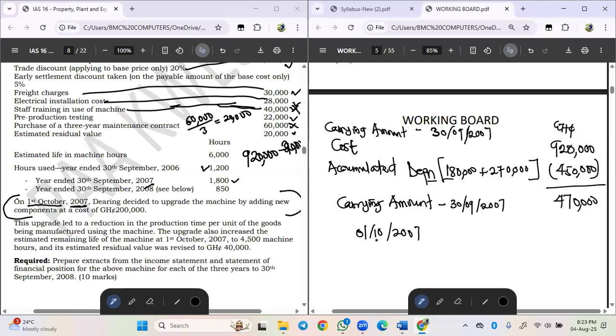Will you agree with me? Yes, because that was the closing balance for 2007, and the opening balance for 2008 will be this. So now we can add the subsequent expenditure.